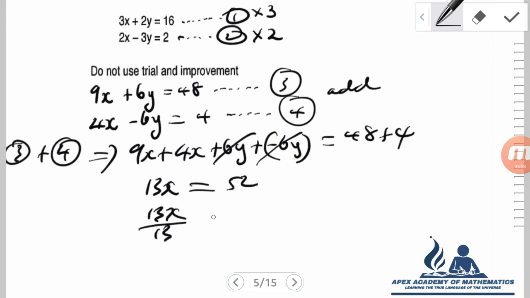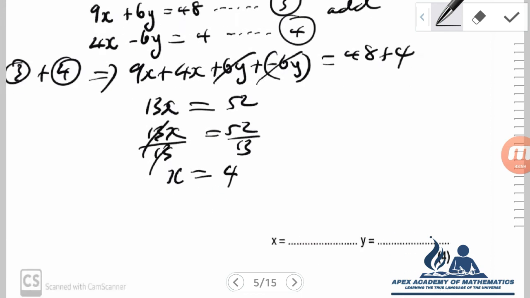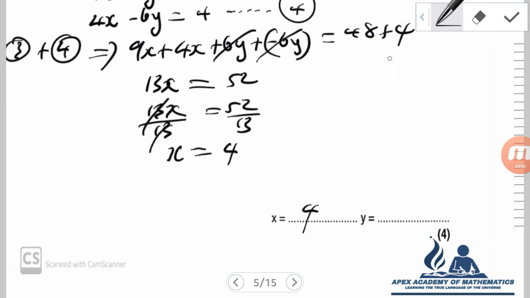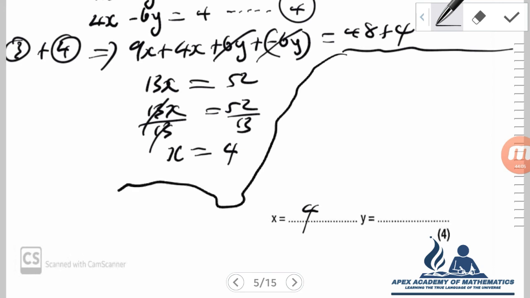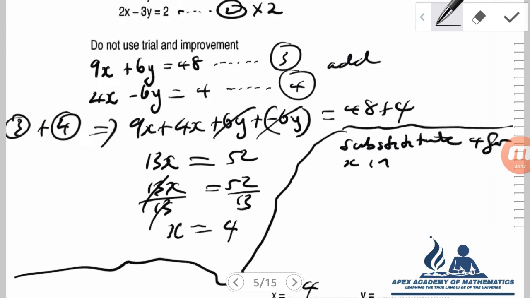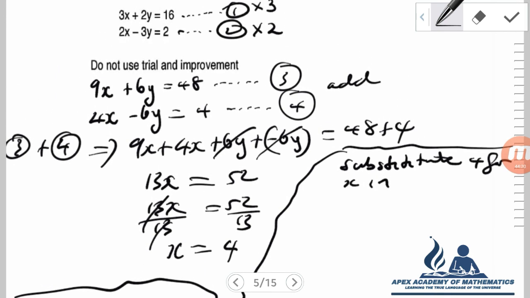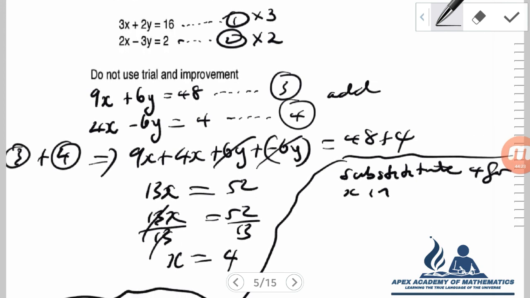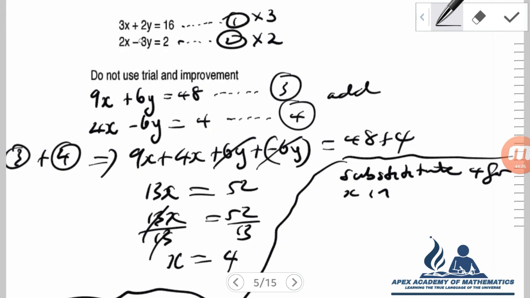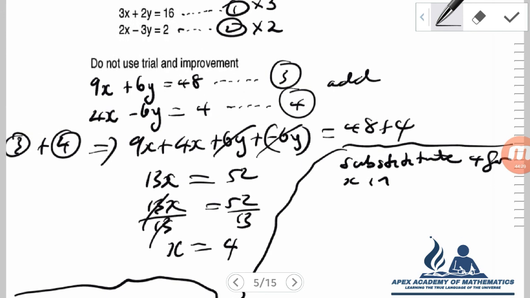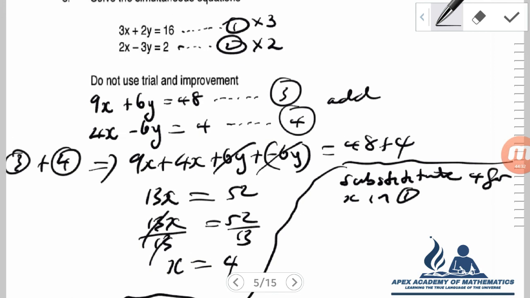Alright, so now what I'm going to do is substitute x equals 4 in. I can choose equation 1 or 2. I like equation 1 for the fact that this is negative and I do not want to mess myself up at this stage, so I'm going to choose equation 1 here. So now what I have is simply 3 times the value of x, which is 4, so 3 times 4 plus 2y, and that's going to give me 16.